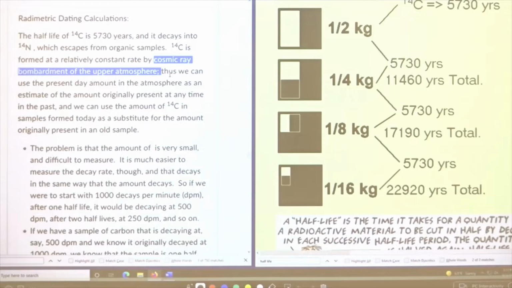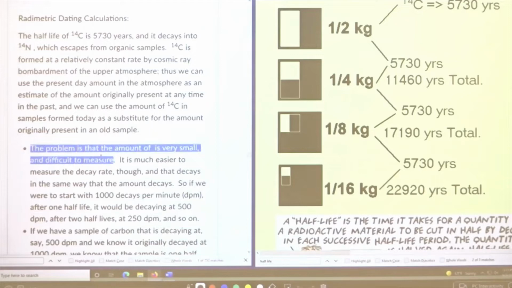Now, as it says here, the amount of carbon-14 in terms of total carbon is tiny. It's very difficult to actually measure carbon-14. But because carbon-14 is radioactive, we can detect the decay of carbon.